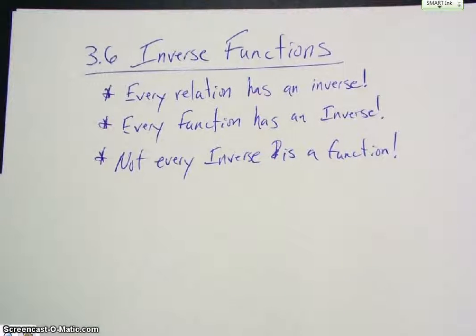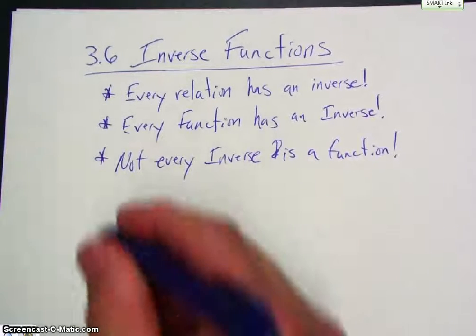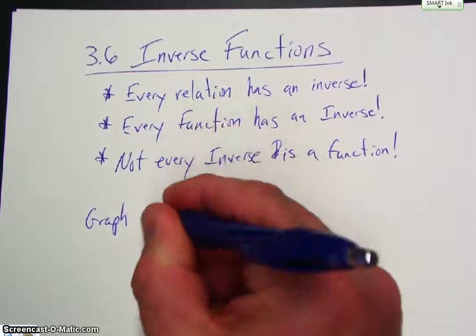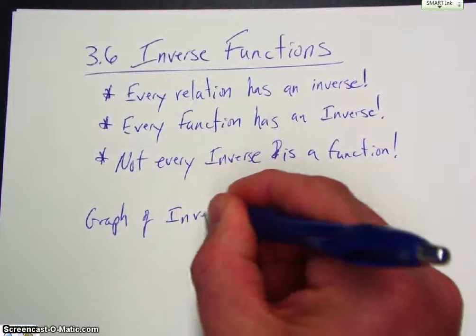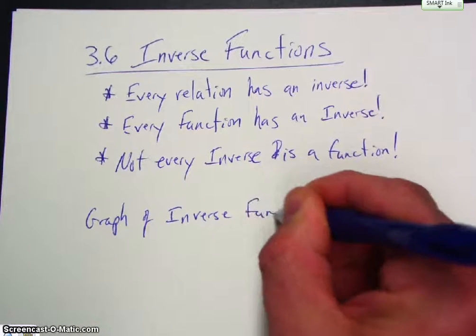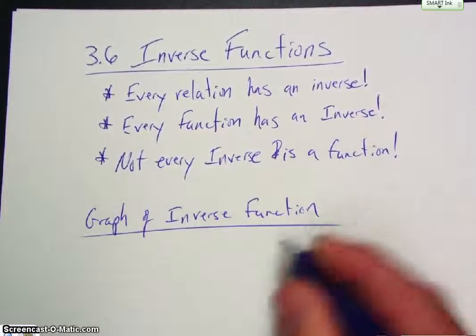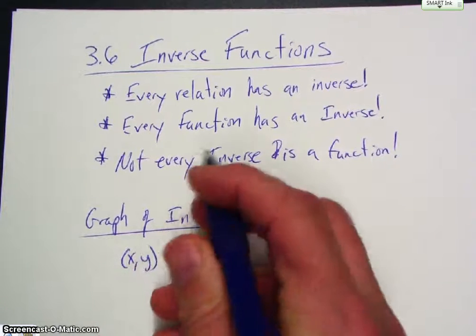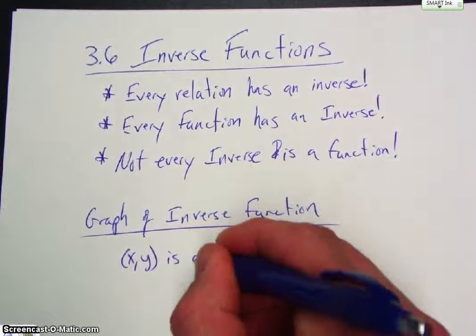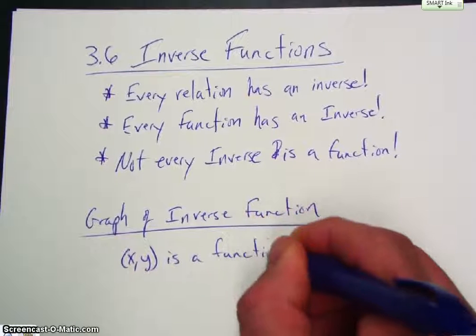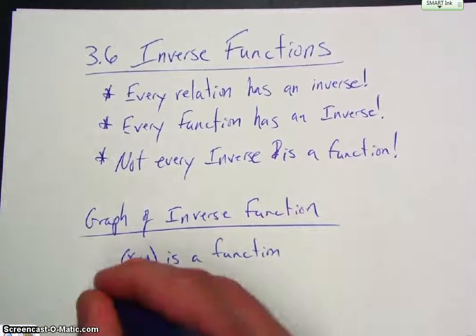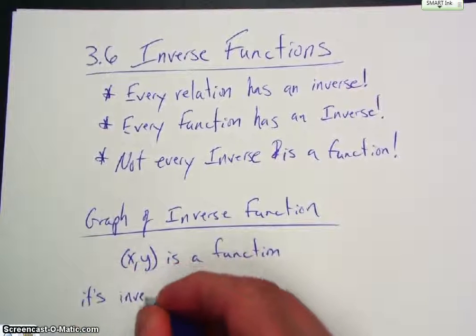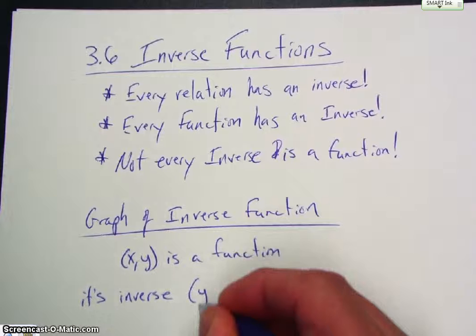All right. So first thing we're going to be looking at is a graph of an inverse function. The rule is for every point x, y that is on a function, its inverse would have the point y, x.